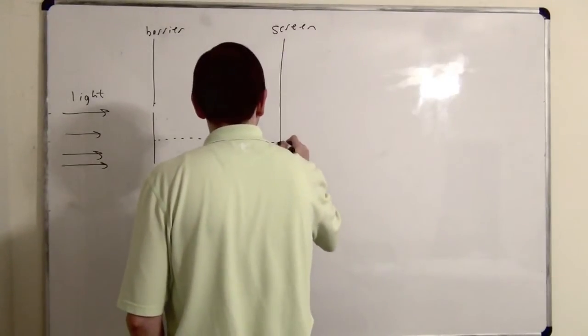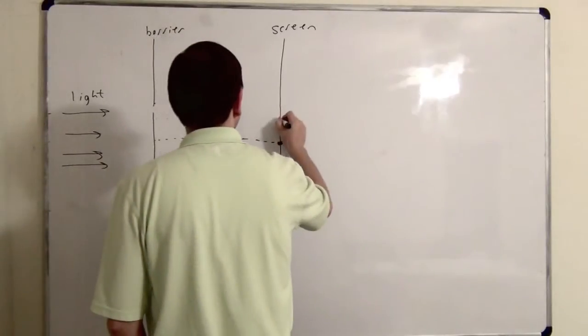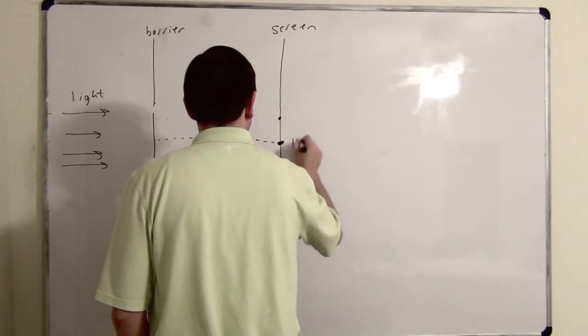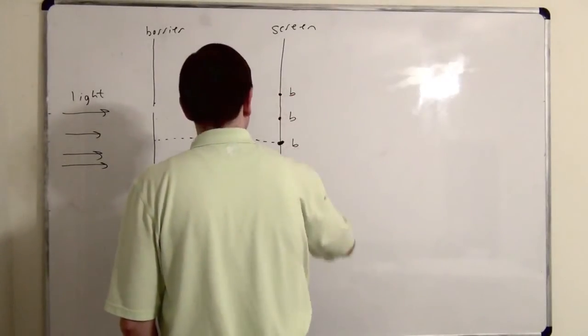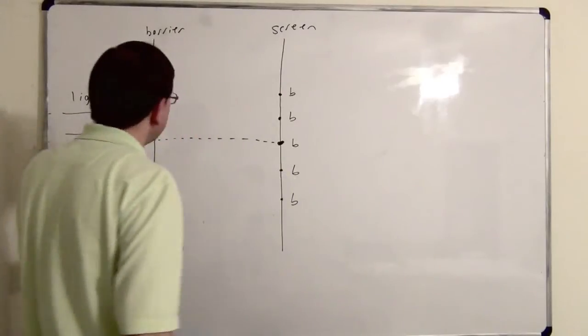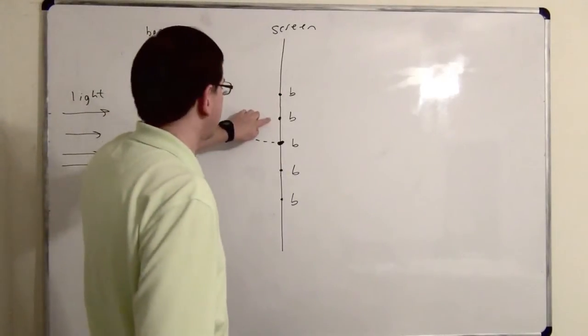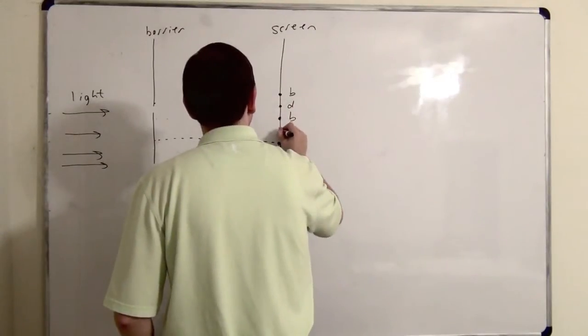For example, we could have a bright spot here, then bright spots here, then bright spots here. Actually, these would be fringes. Bright fringe, bright fringe, bright fringe. And between them would be dark.